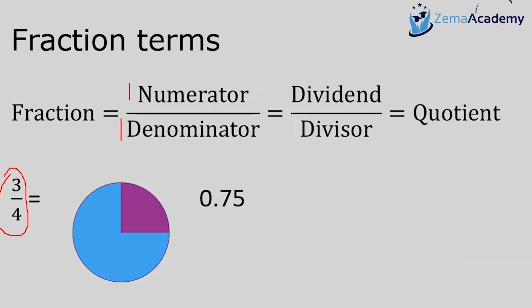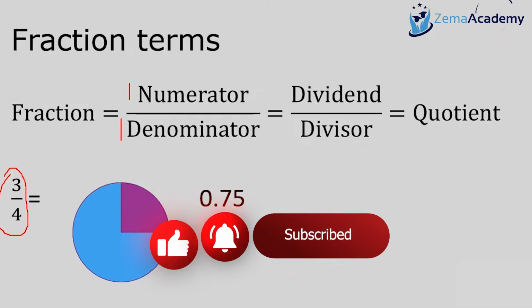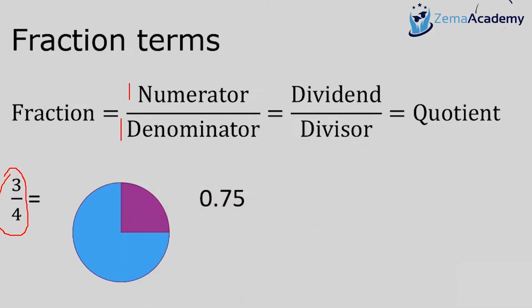So, for example, in our fraction, 3 over 4, or 3 quarters, or 3 out of 4, 3 is the numerator, and 4 is the denominator. Now this is, interestingly, also the same as saying 3 divided by 4. So obviously we can calculate this out.